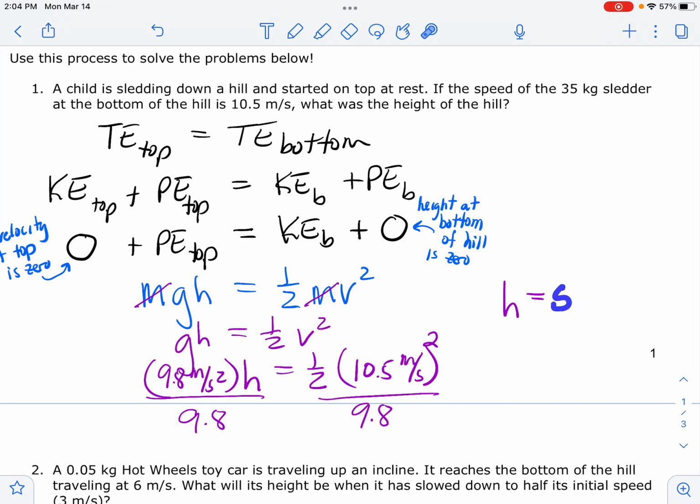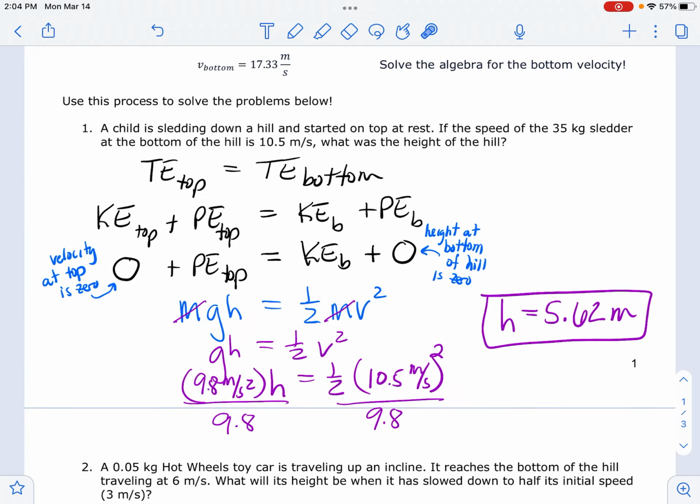So I get a height of 5.62 meters. So do the algebra and see if you come up with that same height. I have loaded the key for the rest of this, so you can try the next one on your own and see if you get it. Good luck.